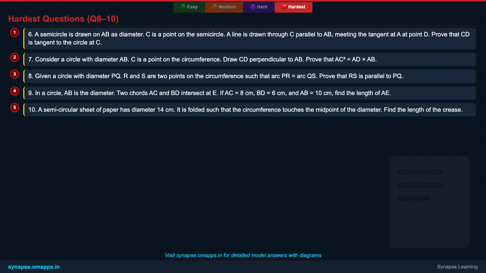For question 9, you'll need to combine the theorem with the Pythagorean theorem. And for question 10, visualize the folding process and how it creates new geometric relationships. Remember, these are designed to be challenging, so persistence and a systematic approach are key. Embrace the struggle, as that's where true learning happens.